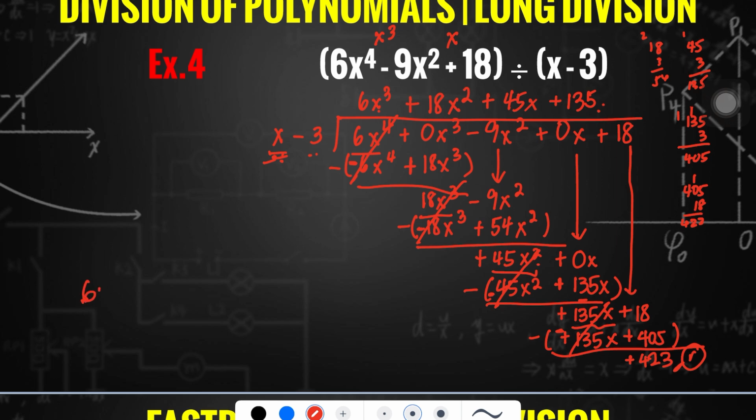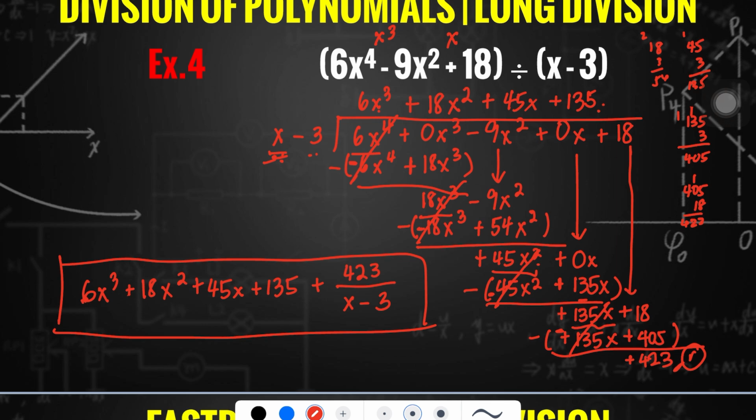So 6x cubed plus 18x squared plus 45x plus 135 plus 423 over x minus 3. So that's how you write your final answer. When you're writing your remainder, this number becomes your numerator, and the denominator is your divisor. So that's how you write your remainder.